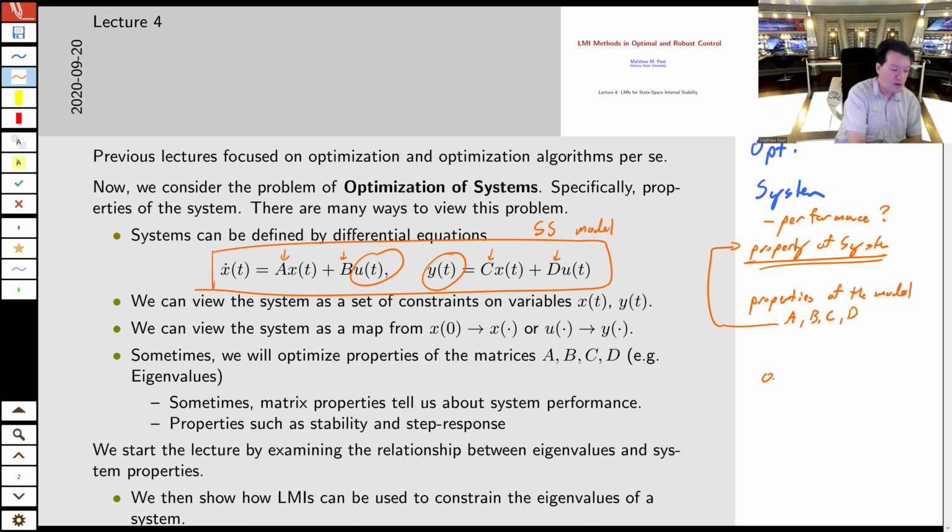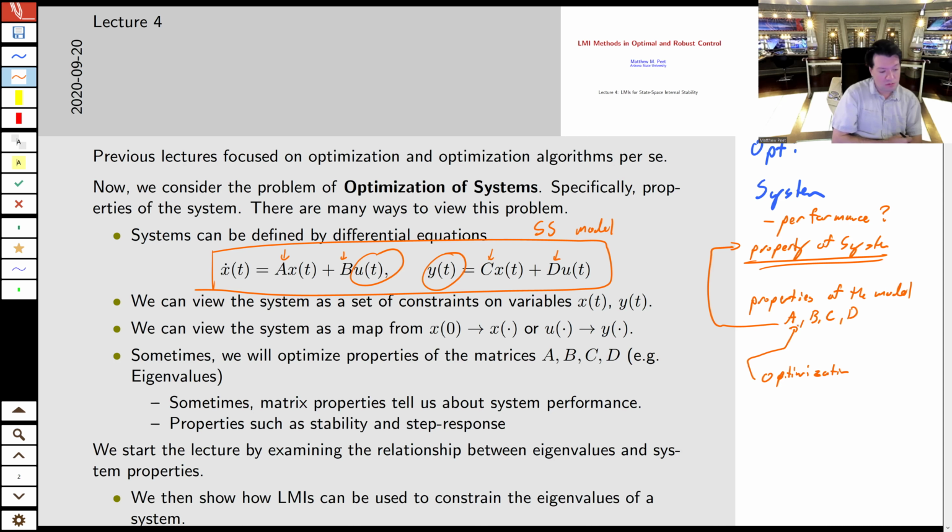We've talked a little bit about optimization, how we frame the optimization problem using functions and numbers and LMIs, so looking for properties of matrices. So these numbers are very useful because they allow us to pose optimization problems using numbers.